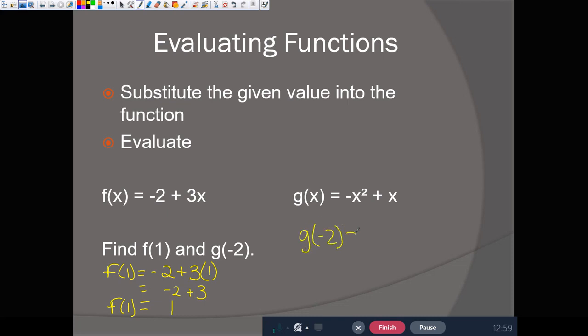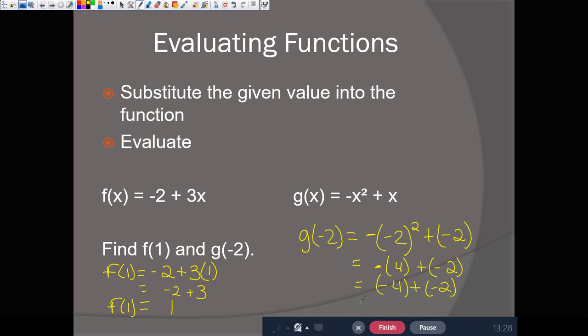Okay, so now I'm finding negative 2 squared, which is 4, but I have an opposite on the outside there. So that would become negative 4 plus negative 2. What is negative 4 plus negative 2? Negative 6. So g of negative 2 equals negative 6.